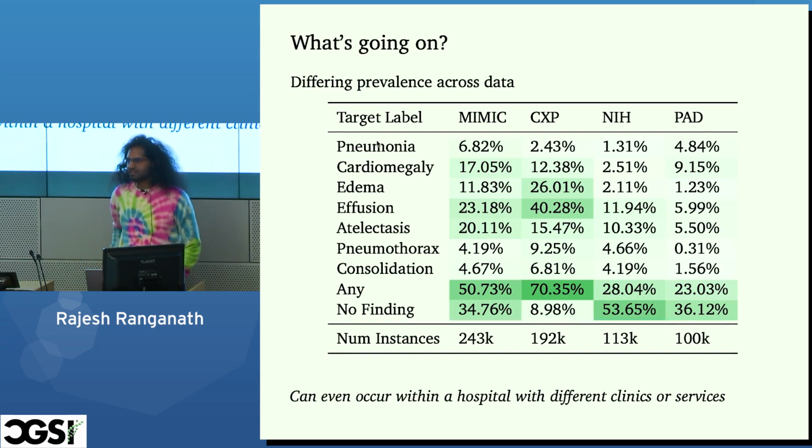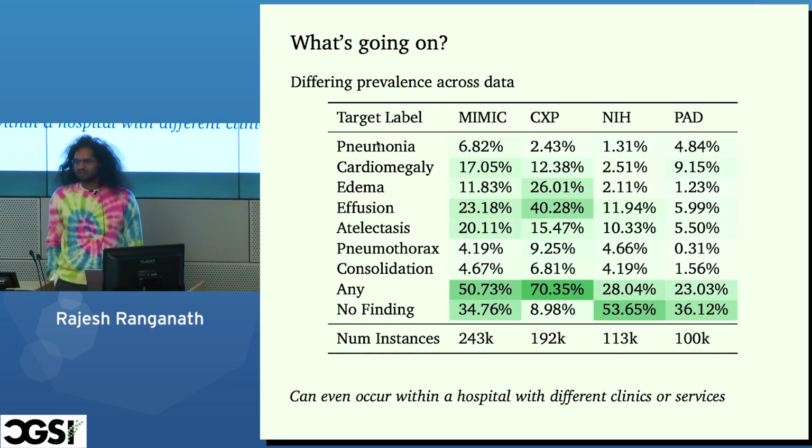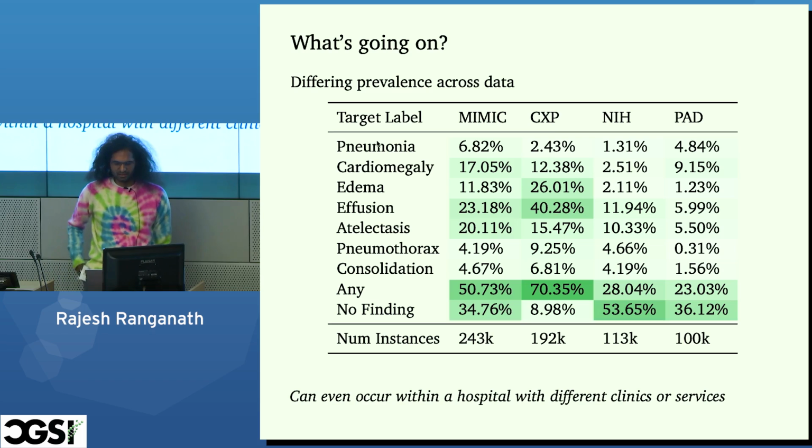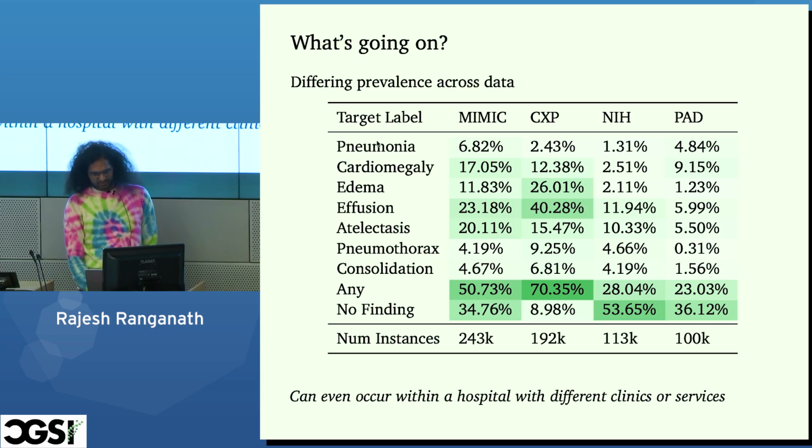What's going on in this particular example is there's quite a bit of variation in the disease prevalence across these publicly available chest X-ray data sets. Looking at pneumonia, it goes from 6% to 2% to 1%, so 6 times more likely in the MIMIC data set than the NIH data set.